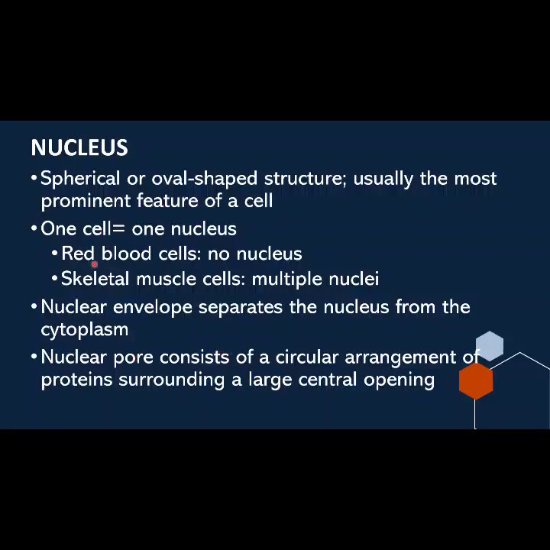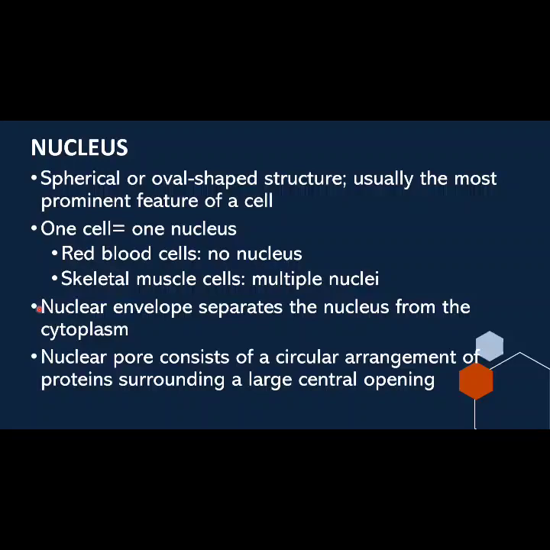But there are exceptions, like normal red blood cells, which do not have a nucleus, together with thrombocytes. In contrast, skeletal muscle cells contain multiple nuclei.